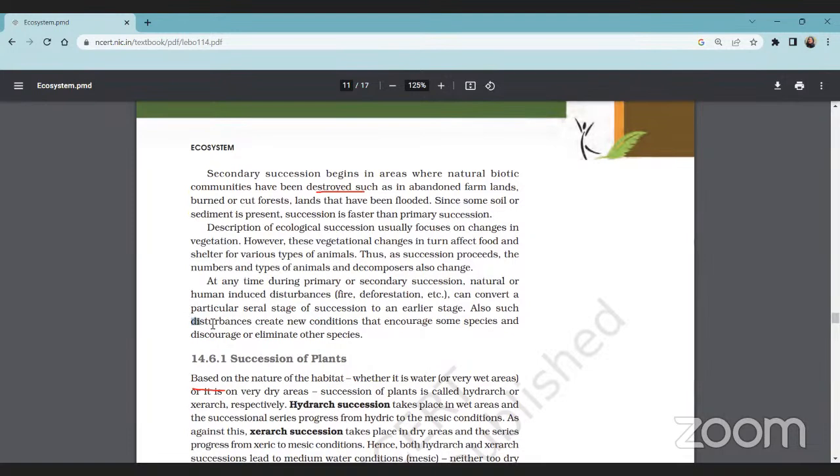Such disturbances create new conditions that encourage some species and discourage or eliminate other species.